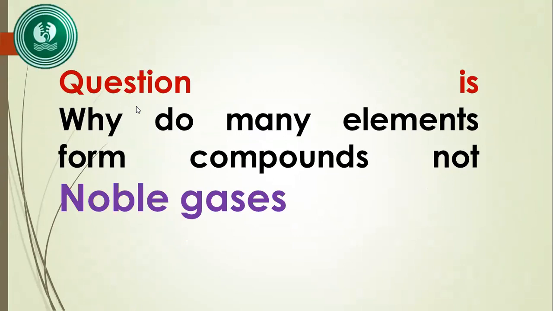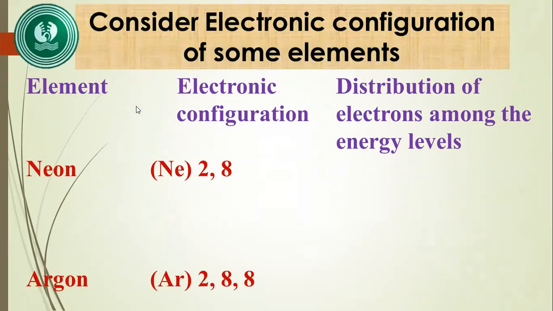The main question is, why do many elements form compounds, but not noble gases? The answer to this question is discussed here. We will see how to write the electronic configuration of some elements.